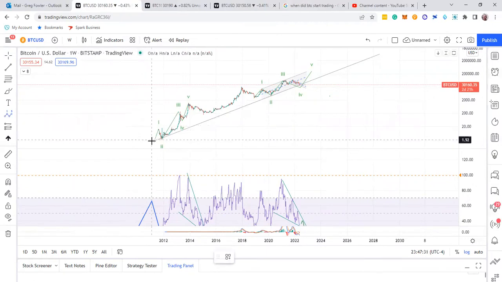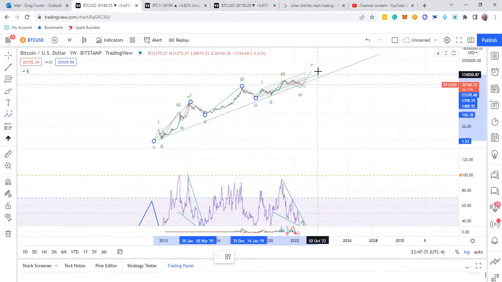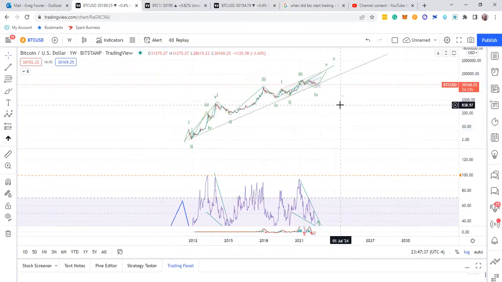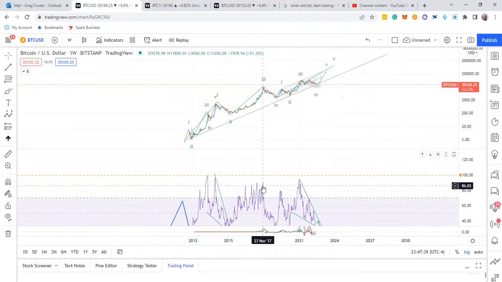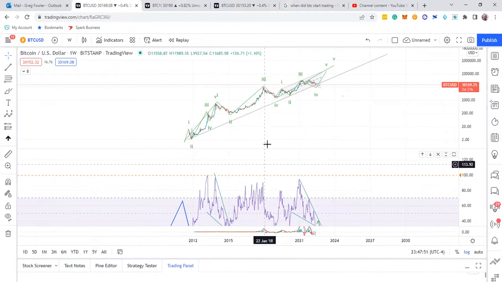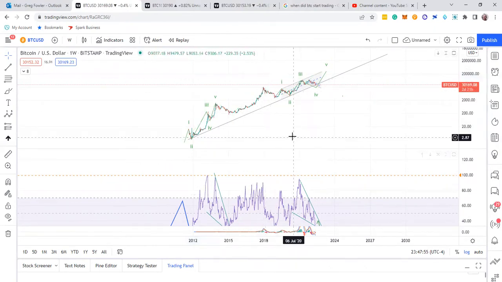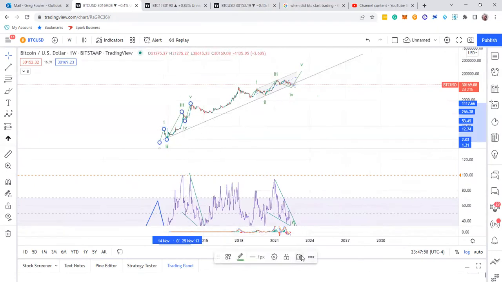So then this is 1, 2, 3, 4, 5. That cannot be it. Your third wave cannot be the lowest peak. That can't be possible. That's higher and that's higher. So this is a third wave, and this is a third wave of something, and this is lower than it. That can't be it, guys. That's just not going to work. The momentum there is not high enough.